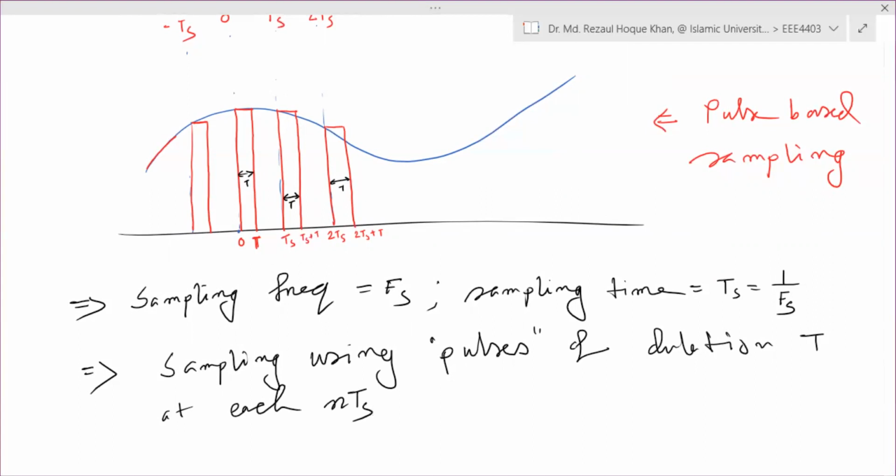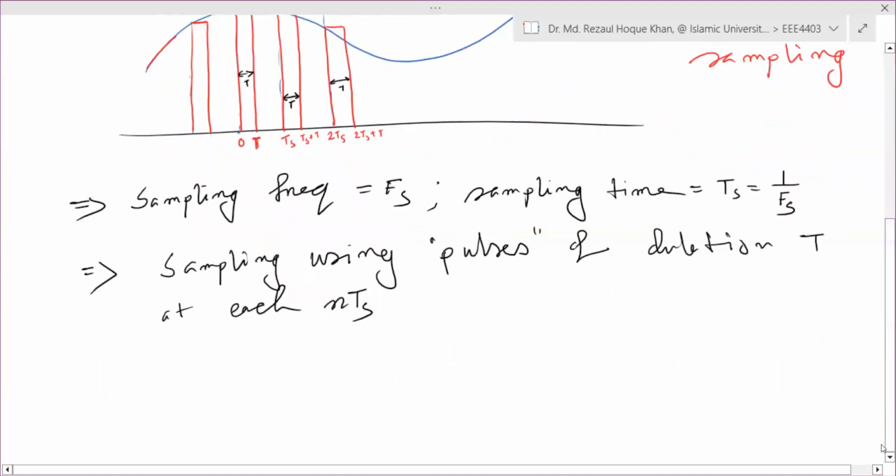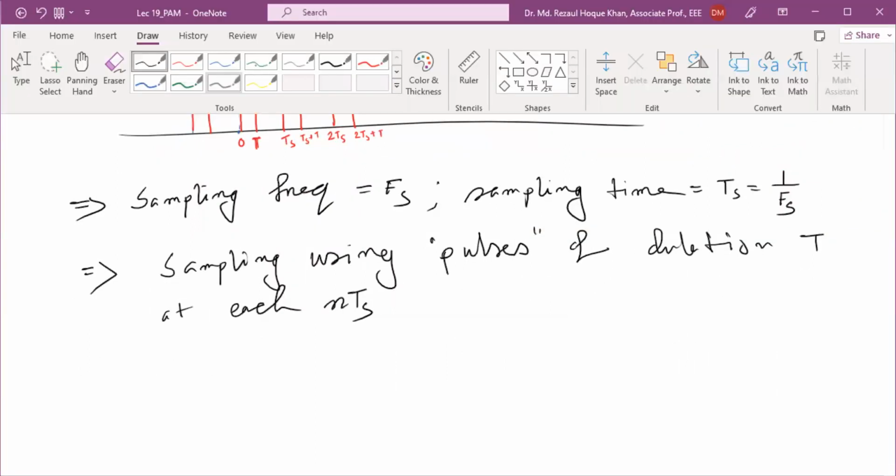When we use pulses of duration t, the pulse amplitude will be scaled by the signal which we want to sample.